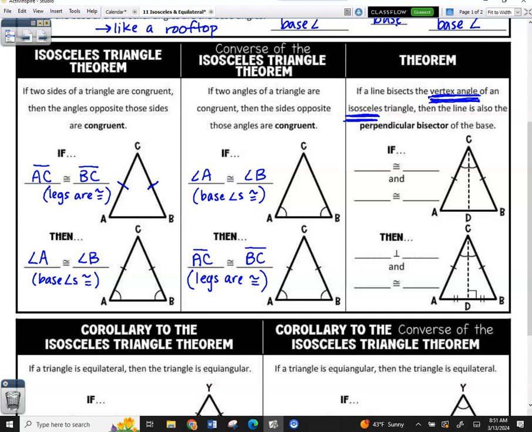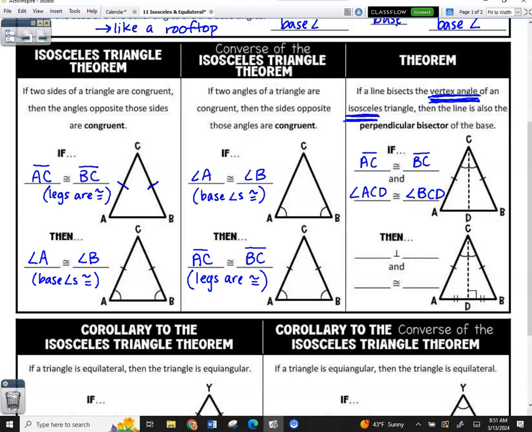Okay? So basically they're saying if we have an isosceles triangle, so we have AC congruent to BC, and we know that line CD has just cut that vertex angle in half. So trace these angles carefully. We have ACD, then we would have BCD.